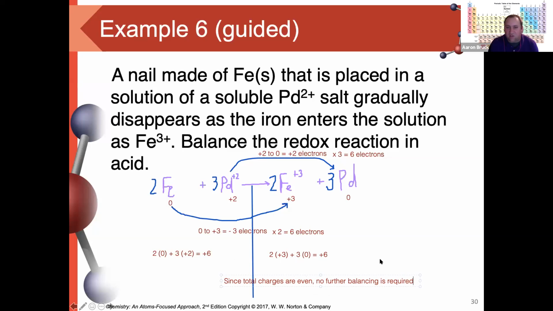We have an evenness of charge, so we don't need to add anything. What this also means is that this particular reaction is equally likely to occur in acid, base, or neutral solution, which is an important thing to know. Now we will find this to happen more often in acid just as kind of a default, but it doesn't have to be.